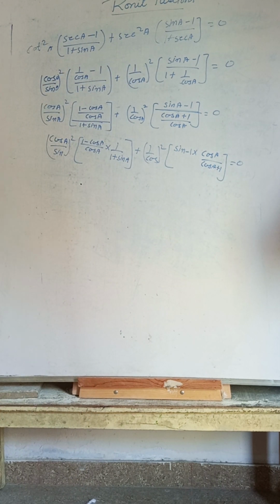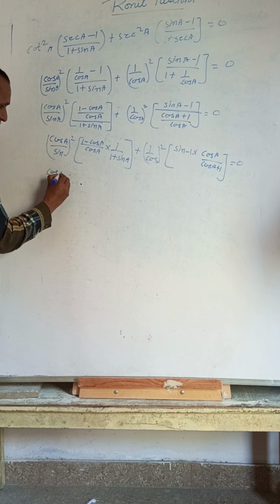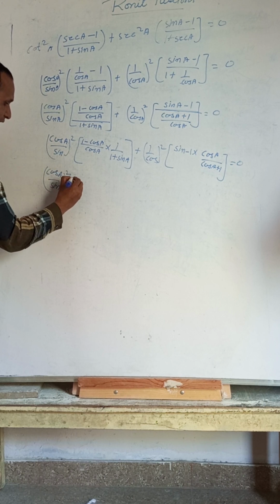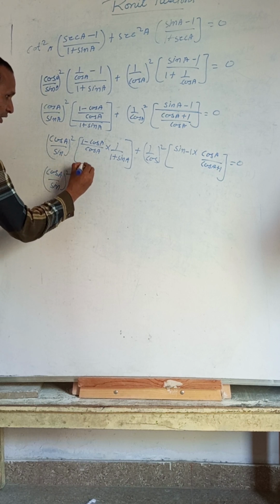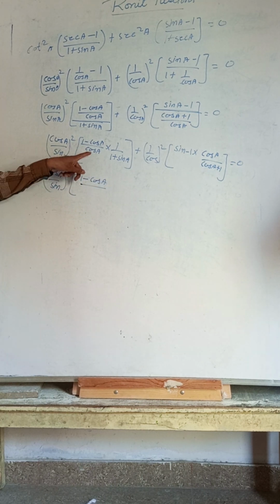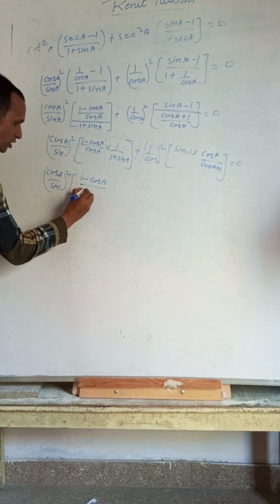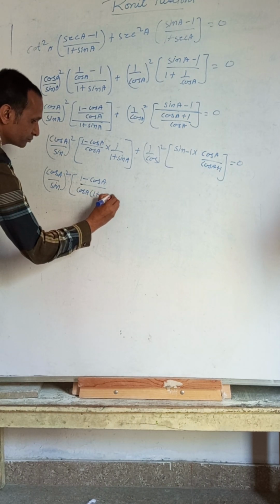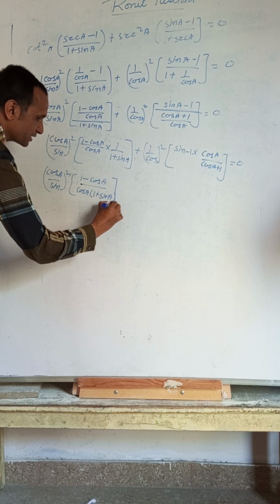0 given. Now we can write it in that form: cos A by sin A square, the square kept, into this number 1 minus cos A by cos A and this one. So we can write cos A into 1 plus sin A. We can write it like this.